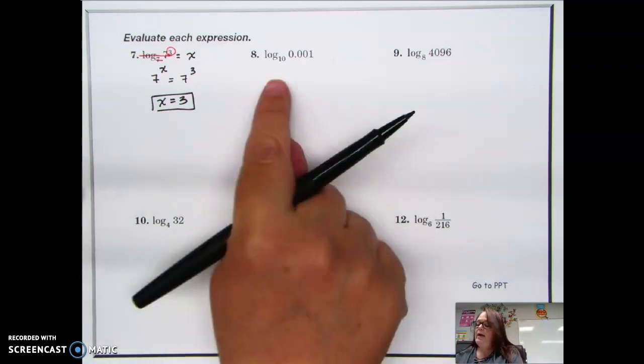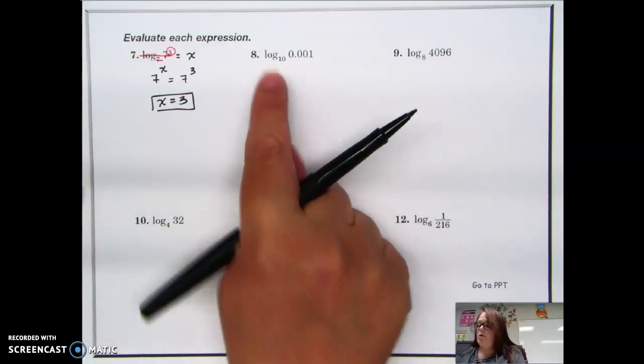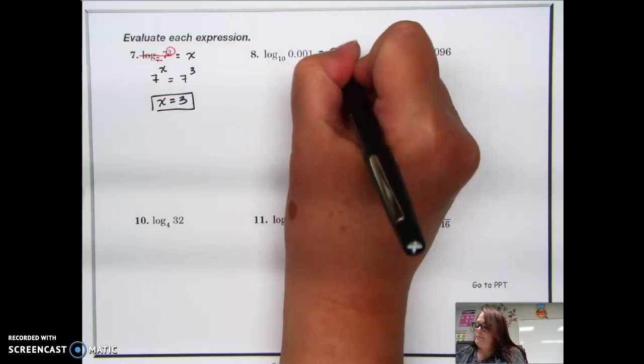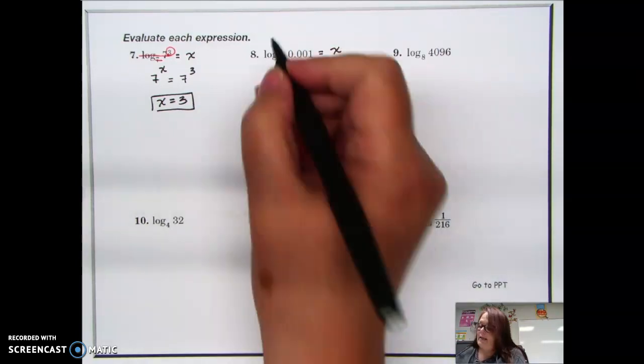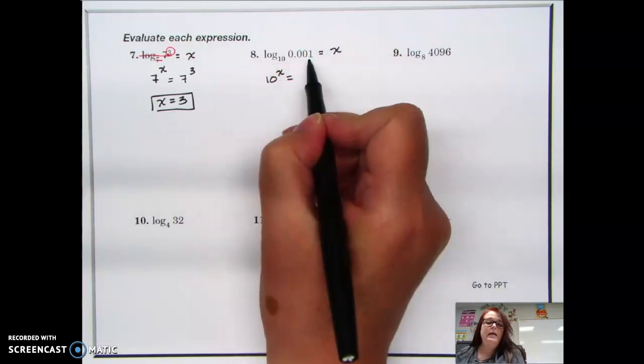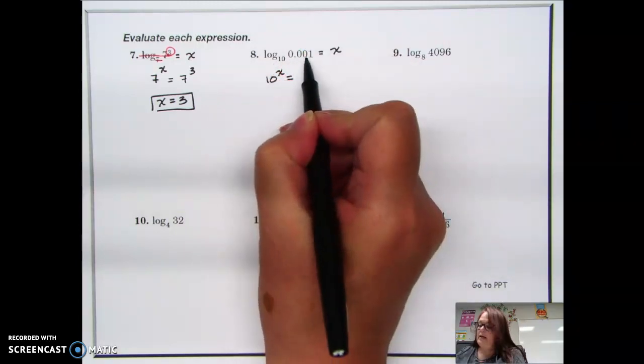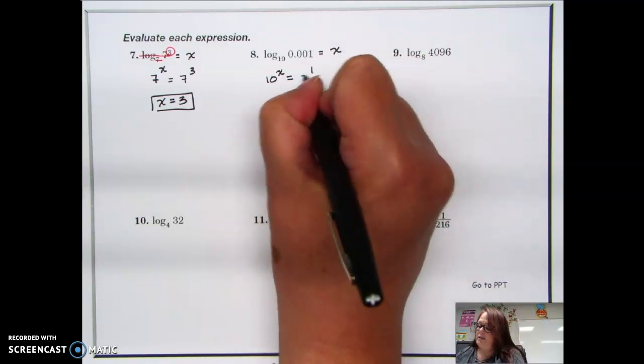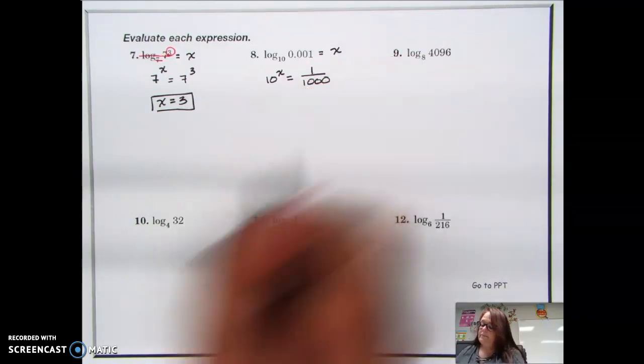Okay, so that means there's two different ways we could solve number 8. I can set it equal to x and say that I have 10 to the x power is equal to, and notice this 1 is in the tenths, hundredths, thousandths place, so this is 1 over 1,000.